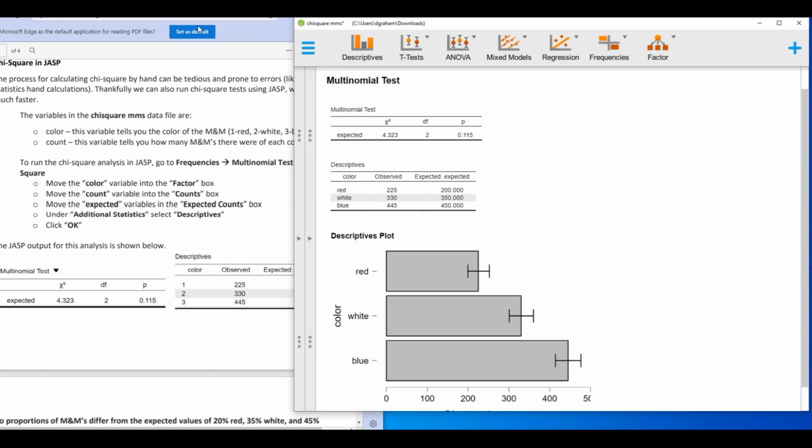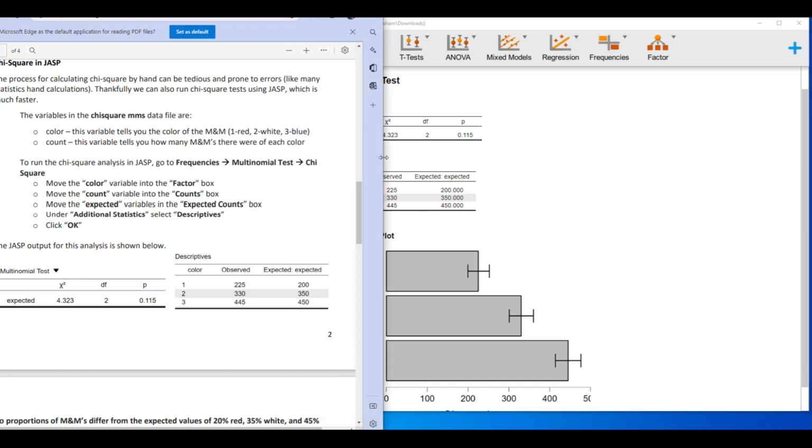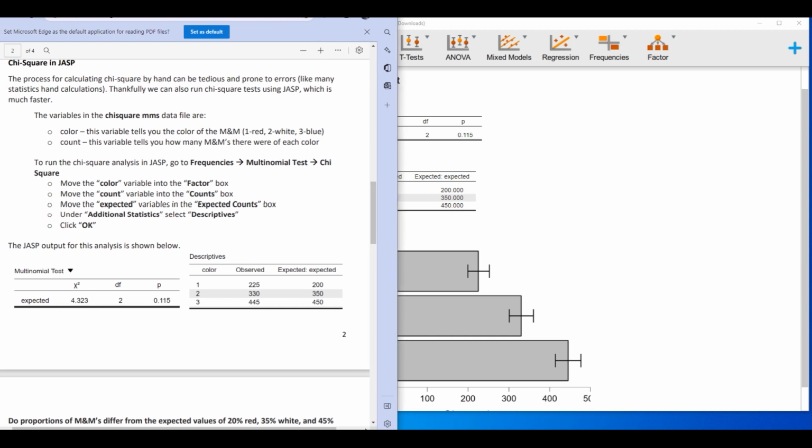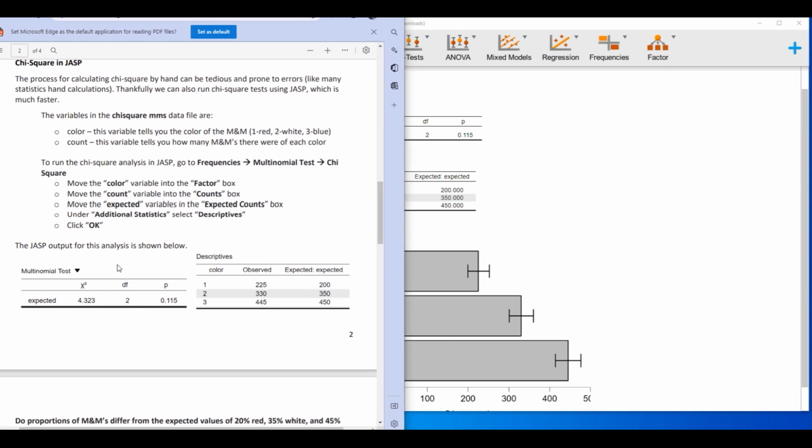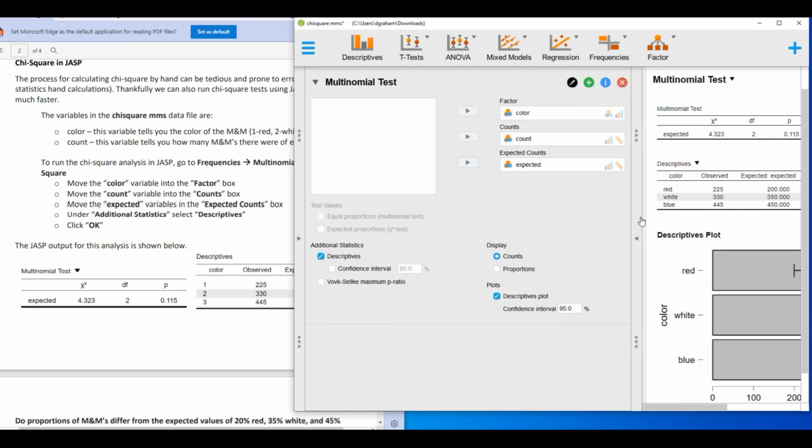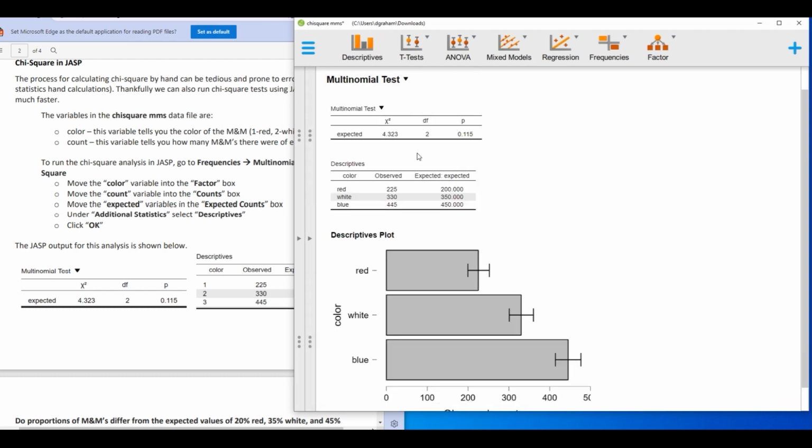So we get from our output the results of the actual chi-squared test, the multinomial test is what it's called in JASP. You can see that up top, where we have our chi-squared value, our degrees of freedom, and our p-value, indicating significance or not significant.